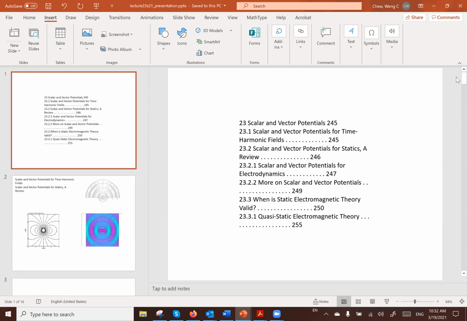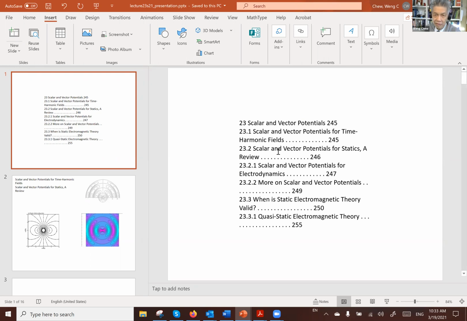So today we are going to advance to a very interesting part of the course, which is on radiation, essentially. We are going to study how electromagnetic fields radiate, or how electromagnetic current sources and charges can radiate.